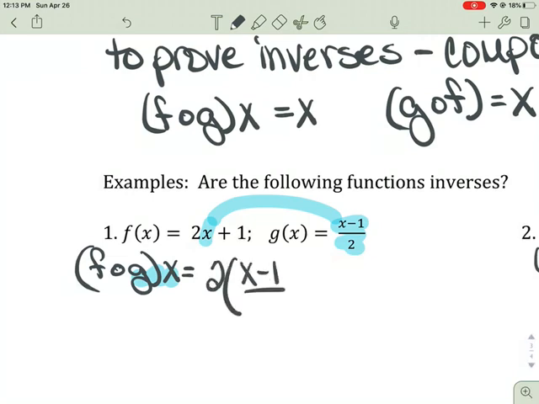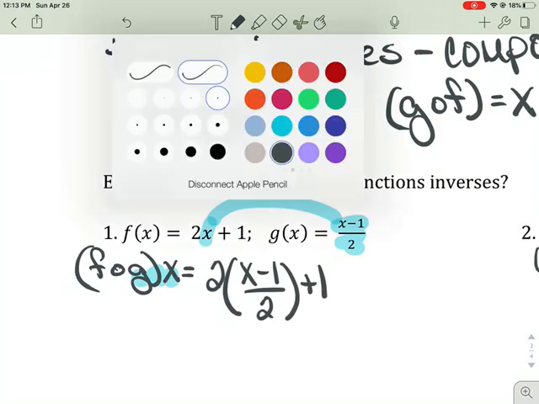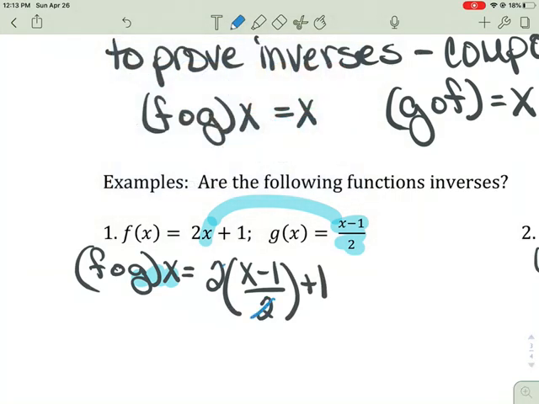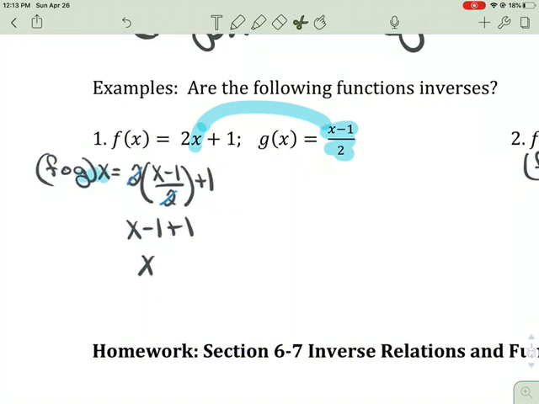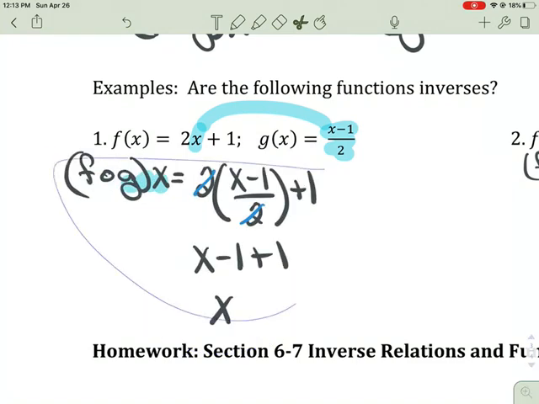So 2 times the quantity x minus 1 all over 2, then plus 1. All right, so if we do the math, these 2's are going to cancel each other out, and we're going to get x minus 1 plus 1. Well, that's just x. Awesome. So it looks like these guys are inverses of each other. But I'm not done because I have to do it the other way.